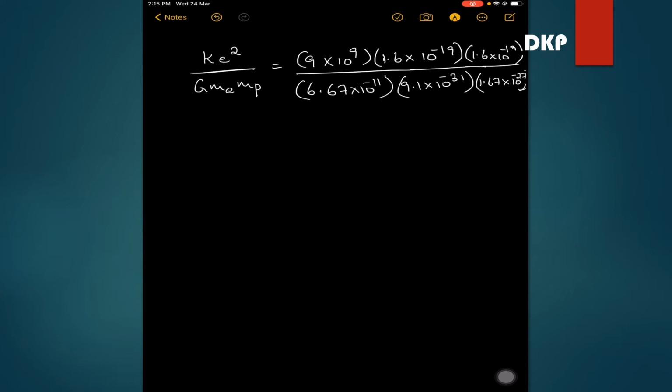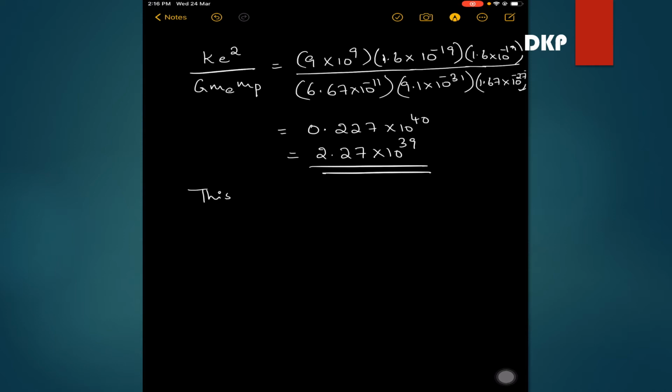When you solve this, you will get 0.227 into 10 to the power of 40, which can be written as 2.27 into 10 to the power of 39.